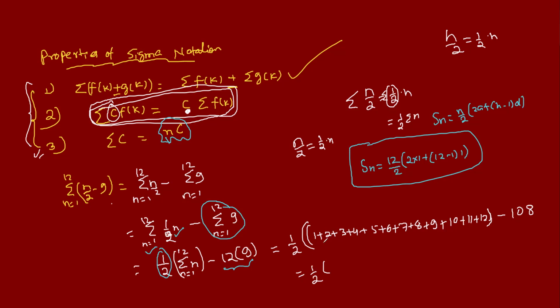So n is what? 12. a is first term. d is 1. 78.